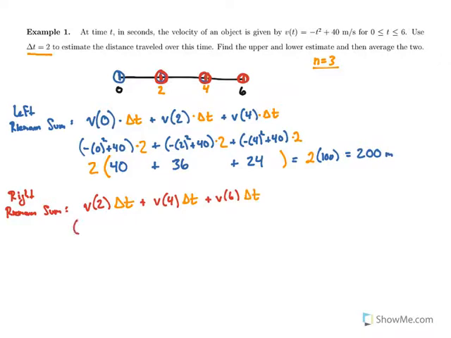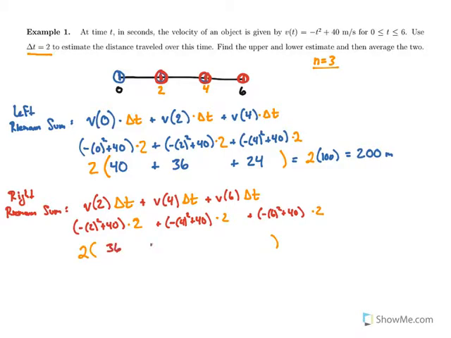And again, that's going to be negative 2 squared plus 40 times delta t plus negative 4 squared plus 40 times delta t plus negative 6 squared plus 40 times delta t, which is 2 in all of these cases. And again, we could bring the 2 out in front of all of these, and we get negative 2 squared plus 40 is going to be 36.